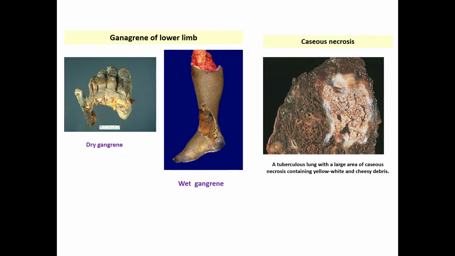To the right side we have caseous necrosis in TB, tuberculosis, affecting the lung with a large area of caseous necrosis containing yellow-white, cheesy debris. You notice the color is yellow to white, and if you touch it, it is like cheese. Cheesy comes from cheese, meaning it resembles cheese.